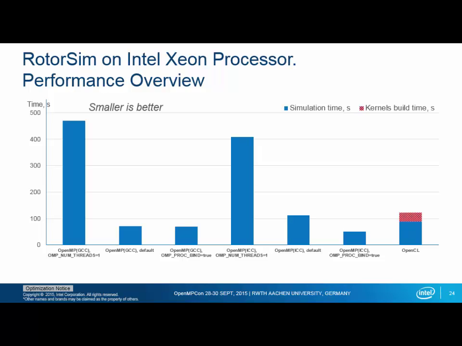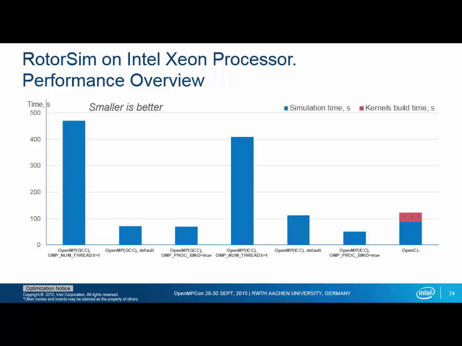Since RotorSim has a lot of serial blocks, we cannot expect, for example, on the Xeon, a 40x performance gain compared to the serial version. But we received about 7 or 8x performance improvement. It's also good to mention that in the case of OpenCL, the kernel compilation time is included in the runtime.